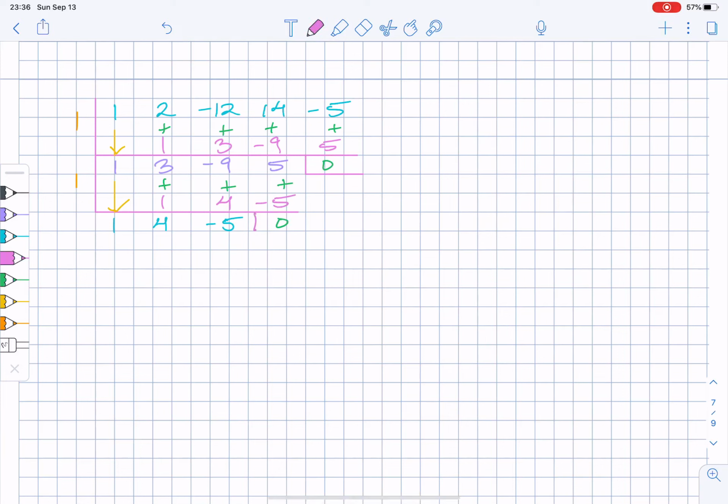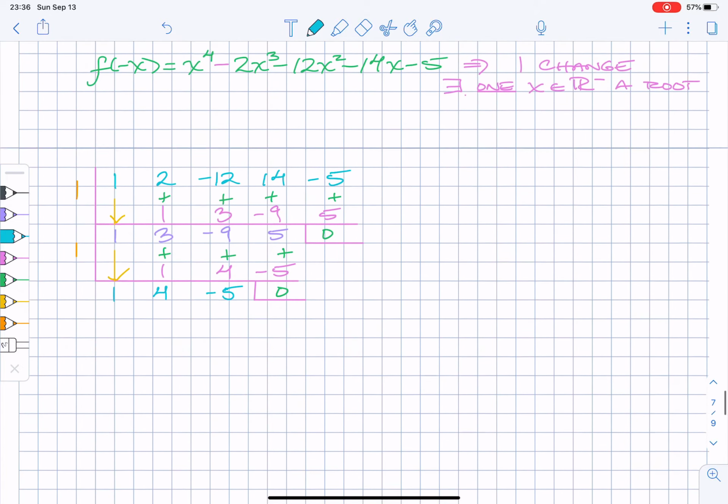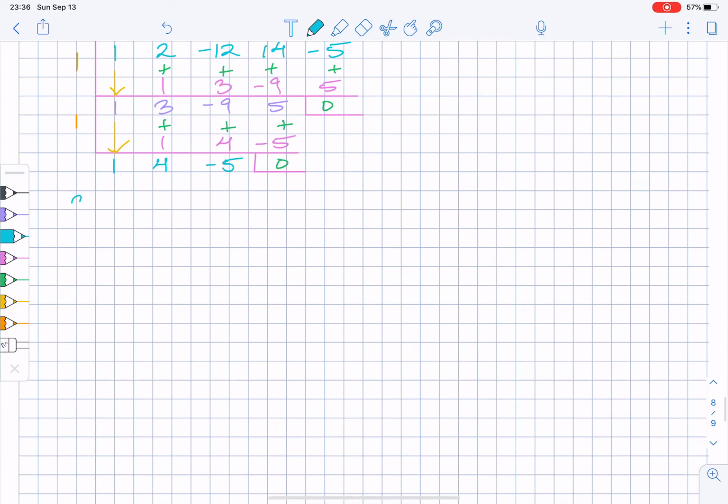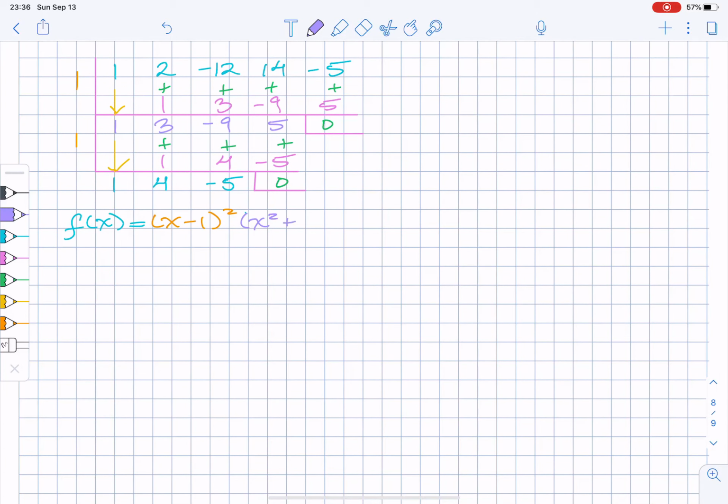So what integers multiply to negative 5 and add to 4? That looks like it's going to be complex, doesn't it? So I claim so far that my function f of x factors as x minus 1 squared, and my quotient is x squared plus 4x minus 5.